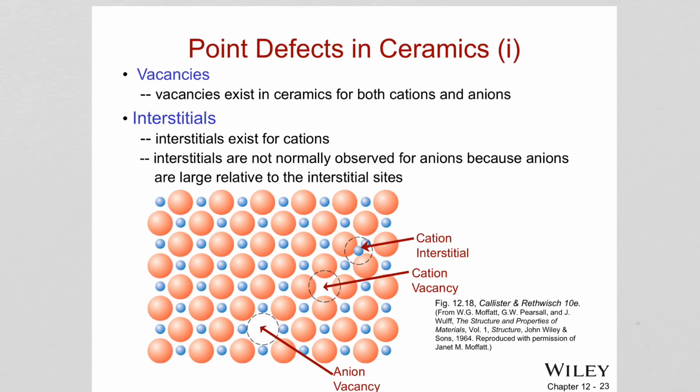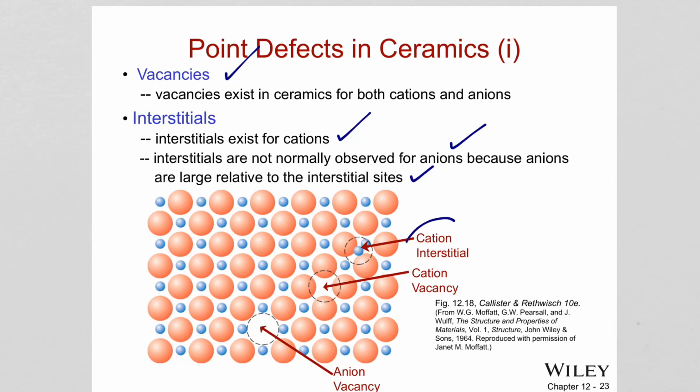So the cations are the ones forming the interstitial defects. Vacancies can exist for both cations and anions. When it comes to interstitials, since cations are smaller, it is more possible for cations. Interstitials are not normally observed for anions because, as we said, anions are relatively large compared to the interstitial sites.